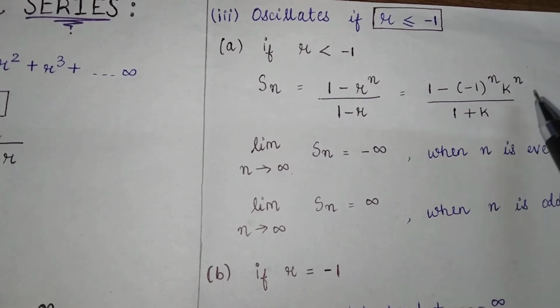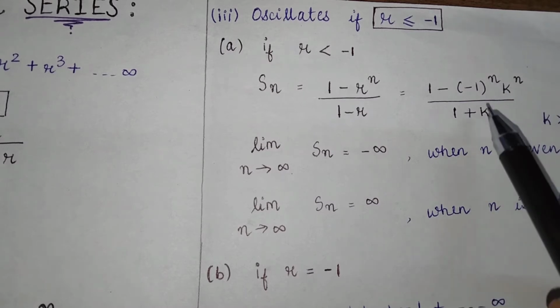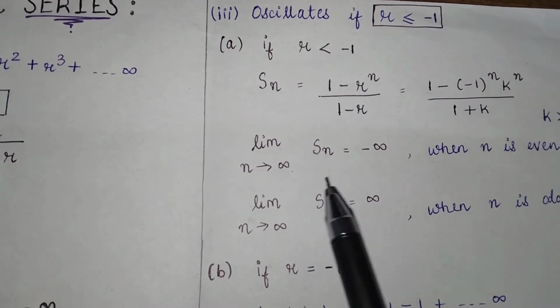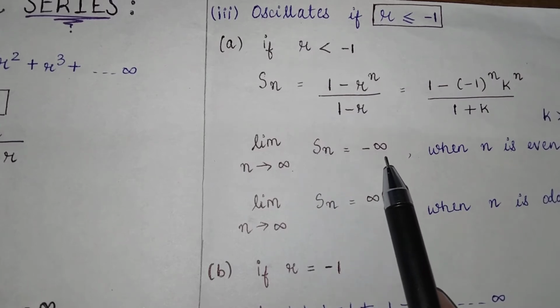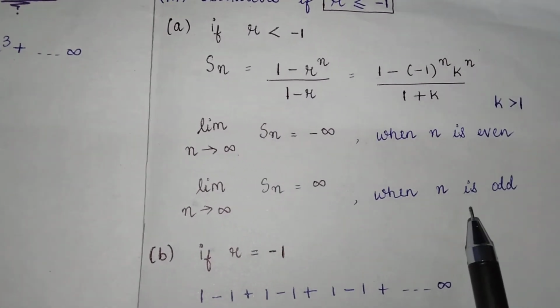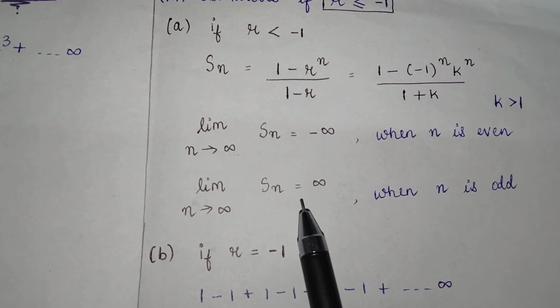Here k is greater than 1, this is the formula. When n is even, the sum of the series will tend to minus infinity, and if n is odd, the sum of the series will always tend to infinity.